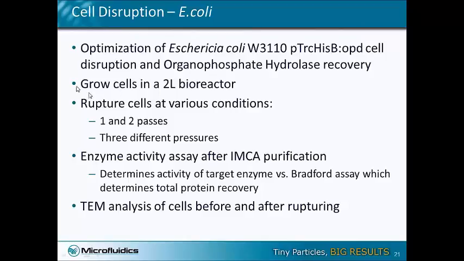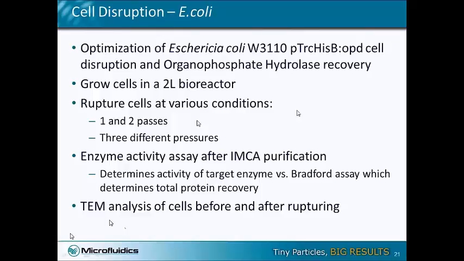The disruption process was performed under three different pressures. We did 1 and 2 passes, and we analyzed the results by getting the total protein recovery, and also we took some TEM images for visualizing the results.